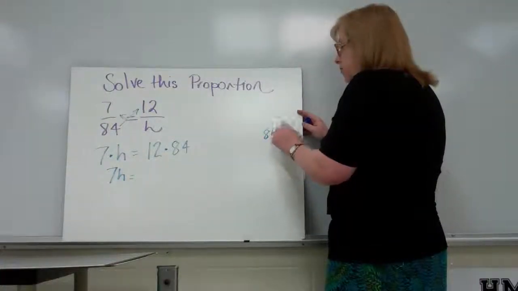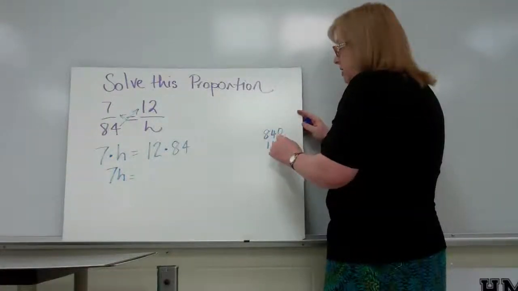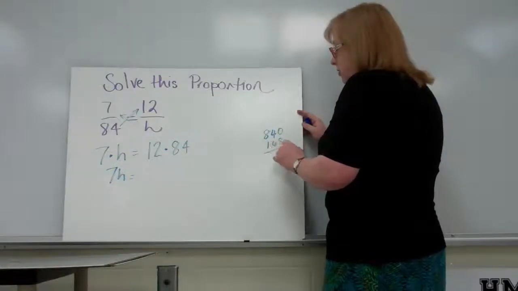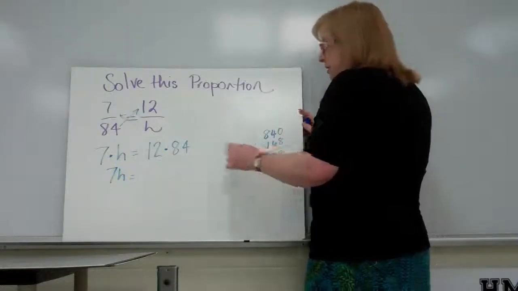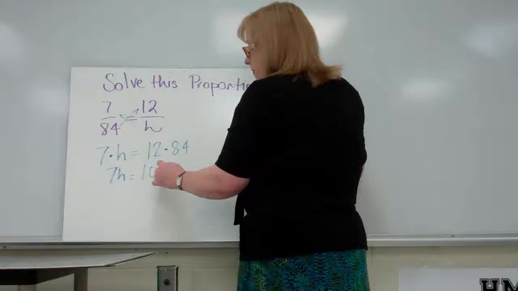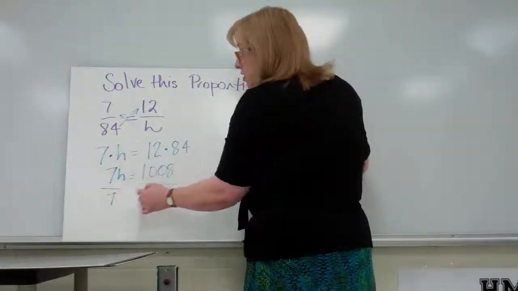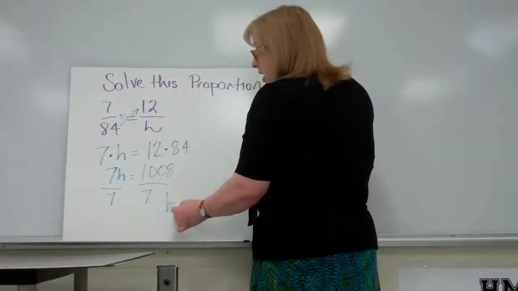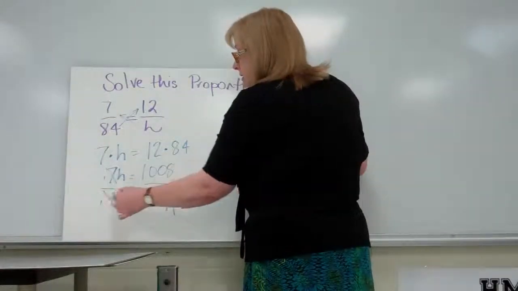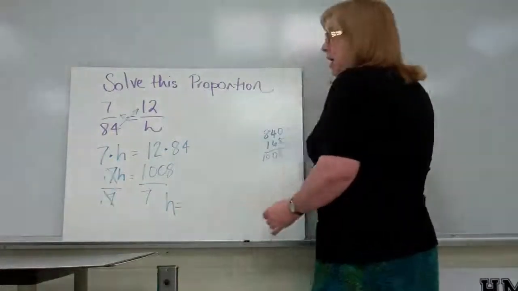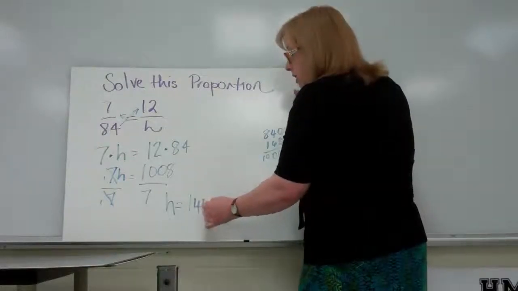We've got 840 for 10 times, and then 168. So that's going to be 1008. Then I'm going to divide by the coefficient of h, and that cancels out, which is why we're doing it, and we will end up with 144.